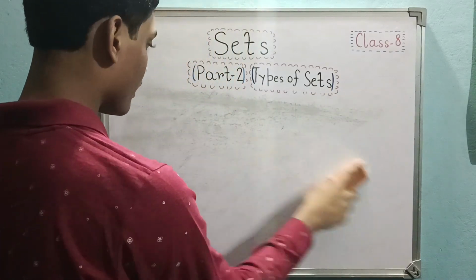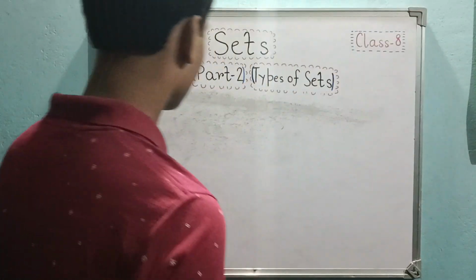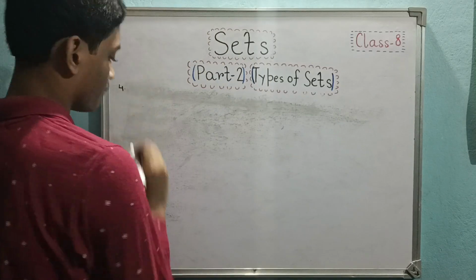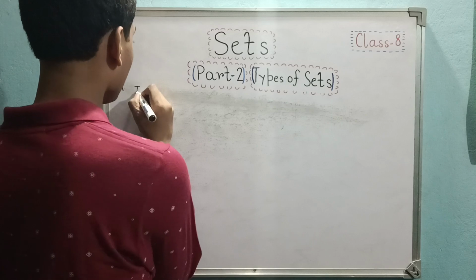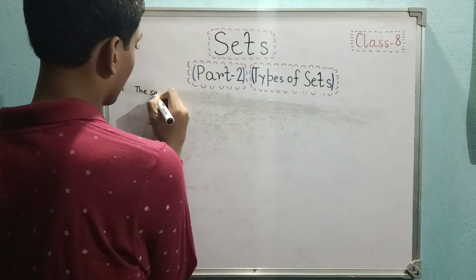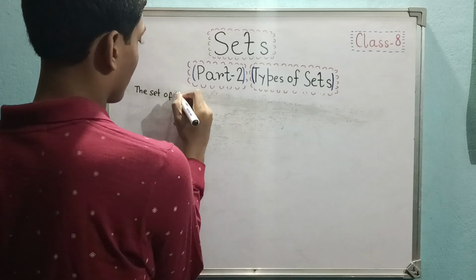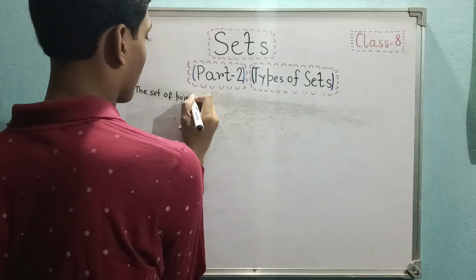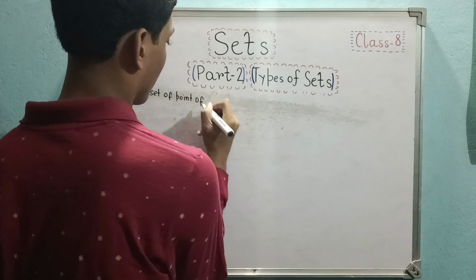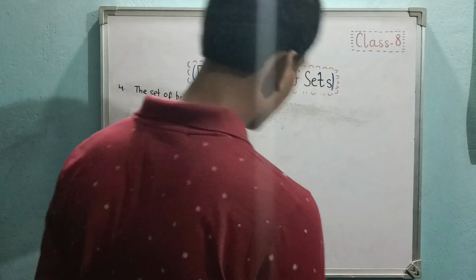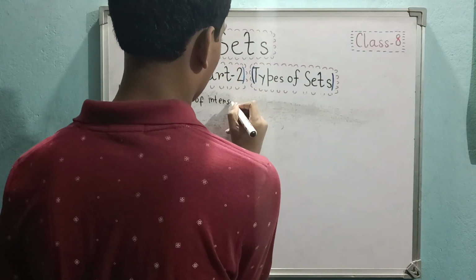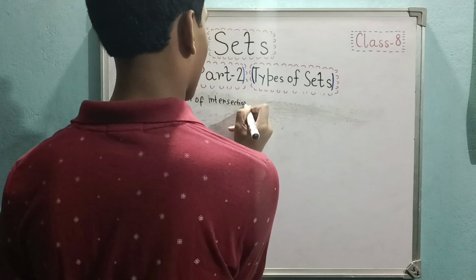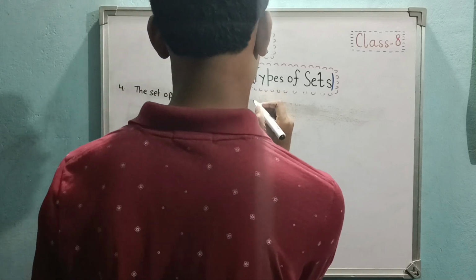So finite sets and infinite sets are completed. Let's see now what we have. We have the set of points of intersection of two non-parallel lines.